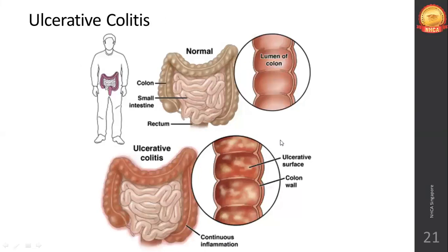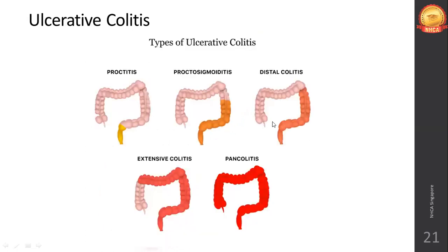Next, we have ulcerative colitis. Ulcerative colitis. Okay. Ulcer formation in your colon, large intestine, and that leads to inflammation. You can see here how the normal intestine looks and how the inflamed intestine because of ulceration looks. So there are different types of ulcerative colitis. Proctitis, which means just the rectum and the anal area, the rectum has this inflammation.